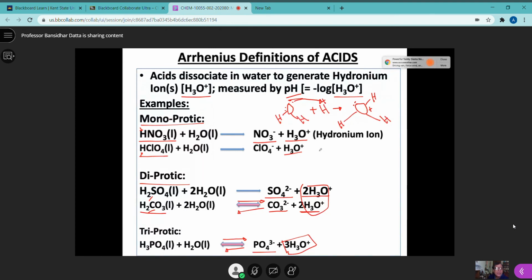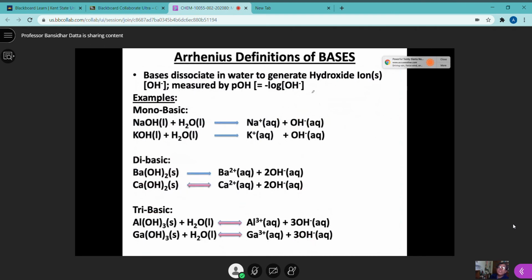Yeah. All right, so let's go to Arrhenius's definition of bases, alkali. So bases dissociate in water to generate hydroxide ion, and everybody knows the OH minus, right? We talked about one of the polyatomic ions, OH minus, measured by the pOH, very similar to pH. What's the pOH?